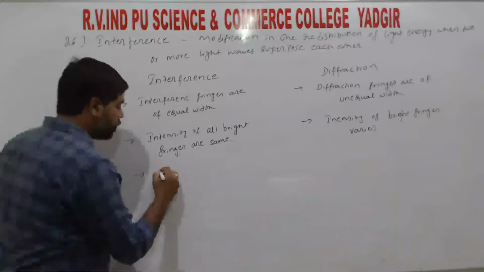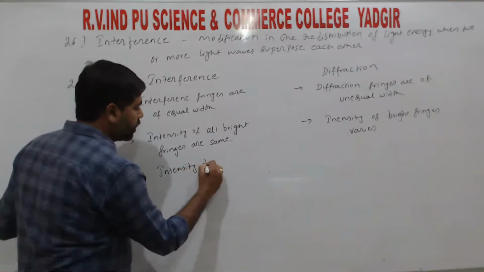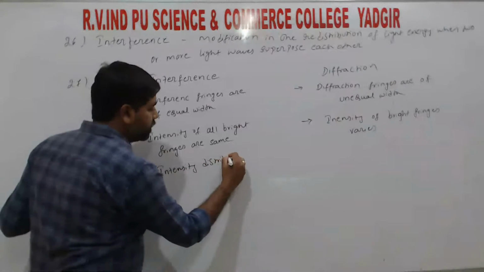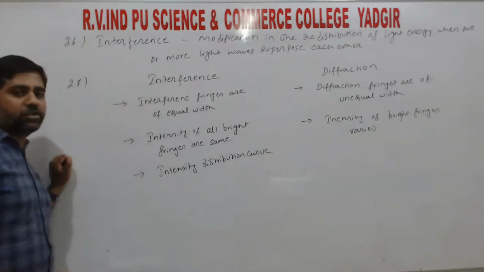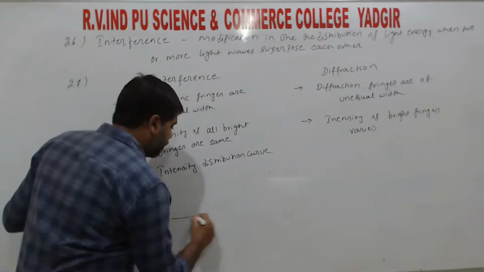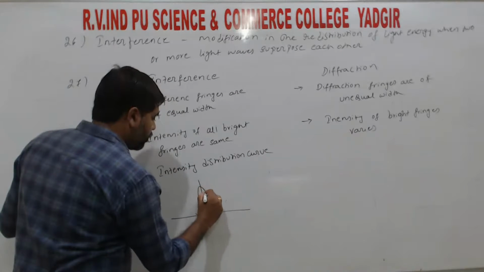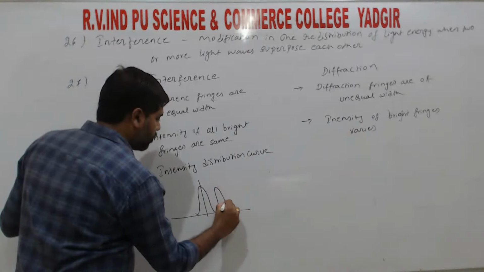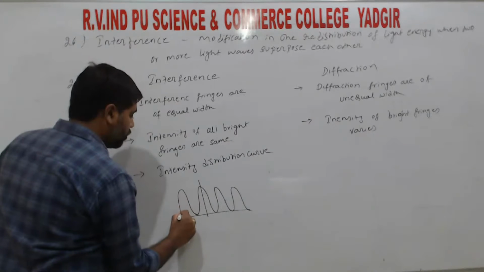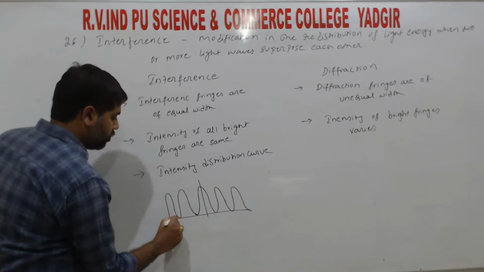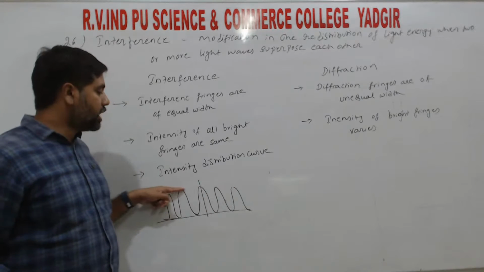The third point is the intensity distribution curve. The intensity distribution curve in case of interference is a pattern like this, which means all have the same intensity.